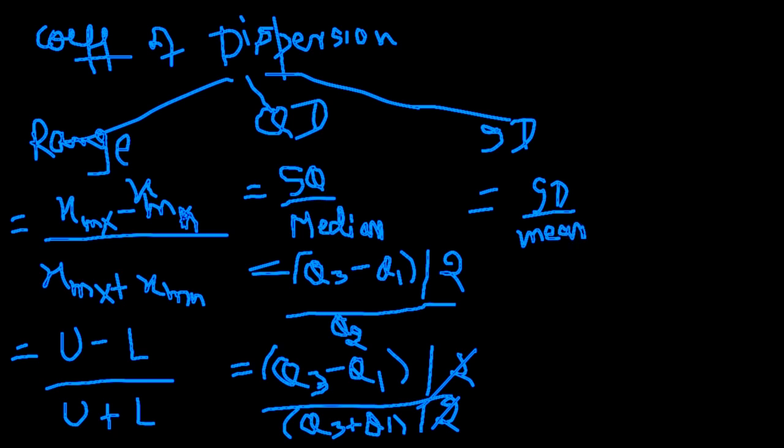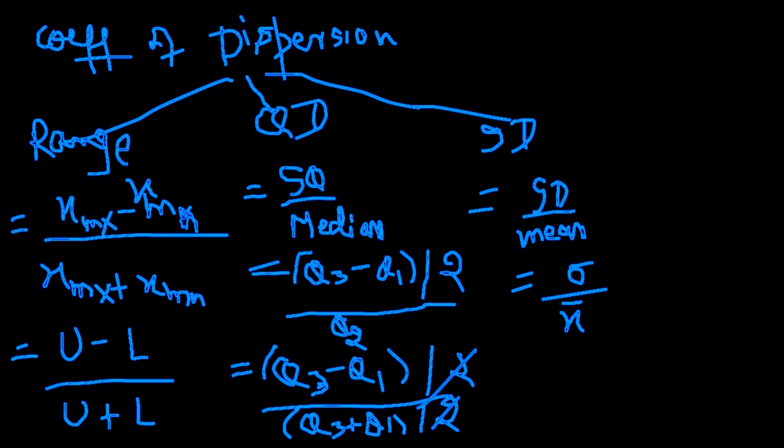This is represented as sigma over x bar, where standard deviation is sigma and the mean is x bar. Yes, Utkarsh has seen it. Where have you seen this, Utkarsh? This we use very commonly. Acha, R.D. Sharma. Fine.